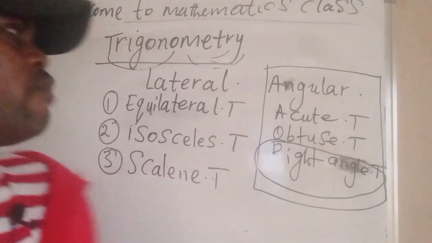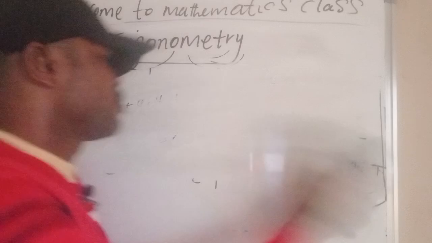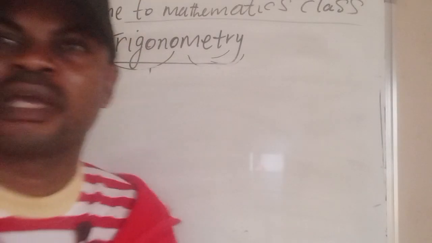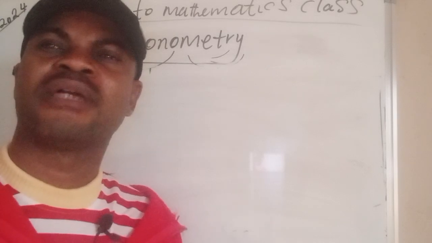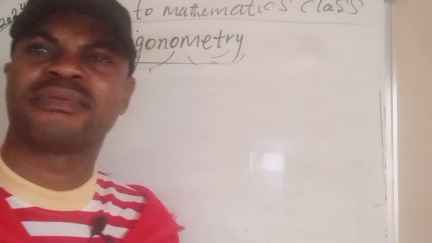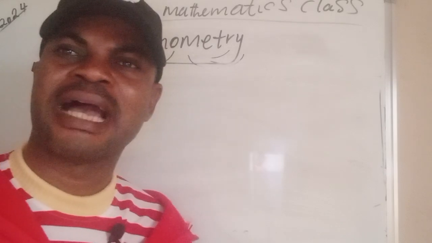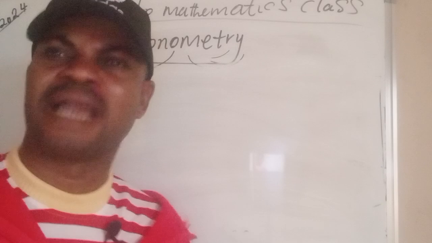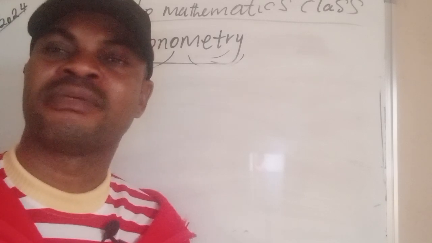But for now, we're going to focus on what we call the angular. What is the solution we can use to resolve the acute triangle as well as the obtuse triangle? Remember that the acute triangle is simply a triangle that has none of its angles up to 90. Then when it is angle 90, it's a right angle triangle.